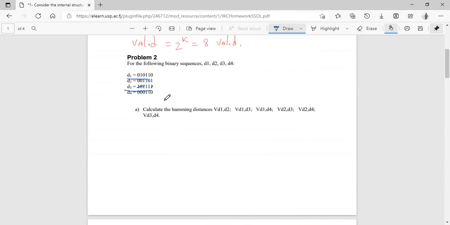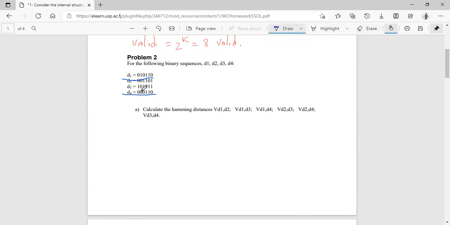We'll see a trend. Just let me complete the first one. The distance between D1 and D4, again, if you compare the bits, these two are like bits, so ignore that. These two are unlike bits, so that is 1.